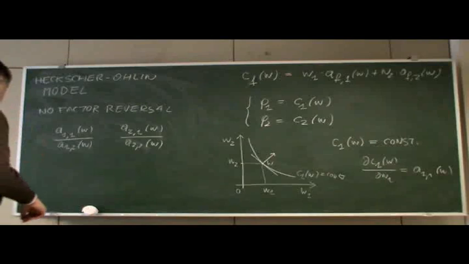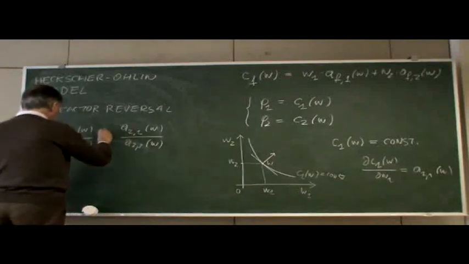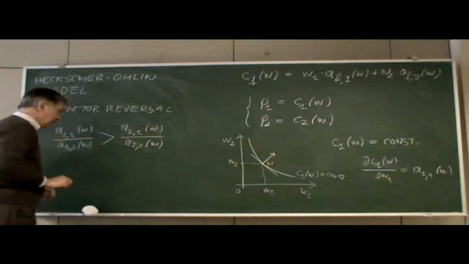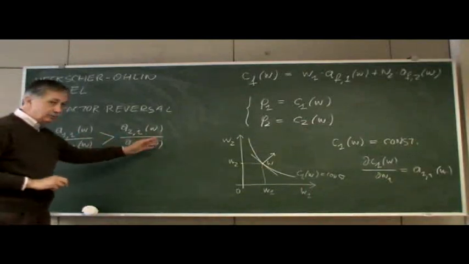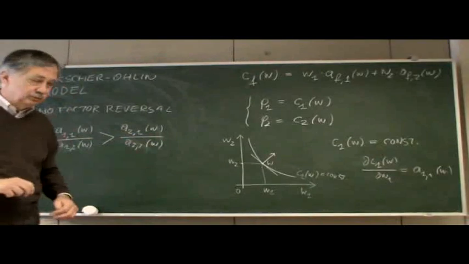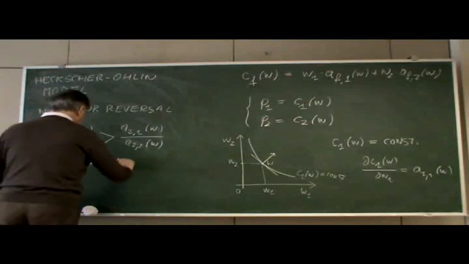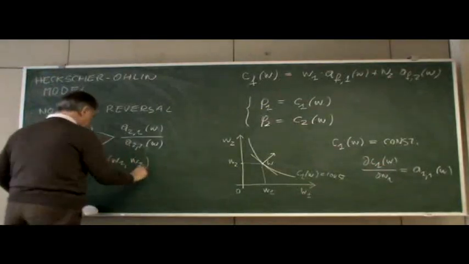Our hypothesis is the following: the factor intensity of good 1 is always greater than the analogous factor intensity of good 2 for every factor price vector.